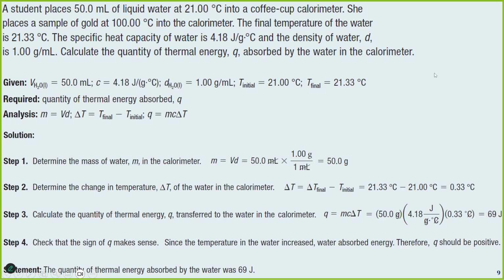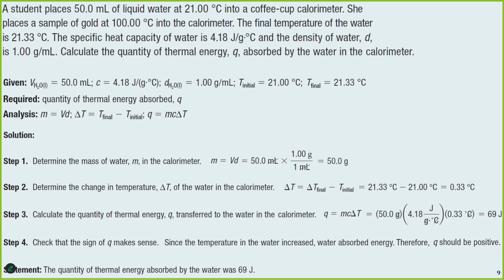Okay, let's have a look at the solution together. So given this information, first we can determine the mass of the water, m, in the calorimeter, right? m equals Vd, which is 50 grams. Then we can determine the change in temperature, delta T, of the water in the calorimeter.